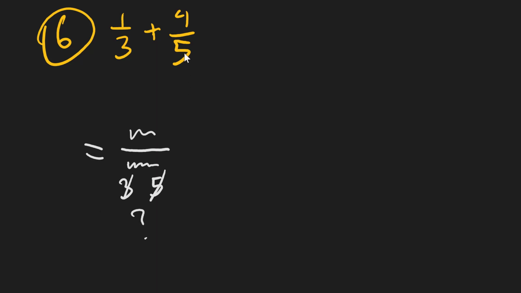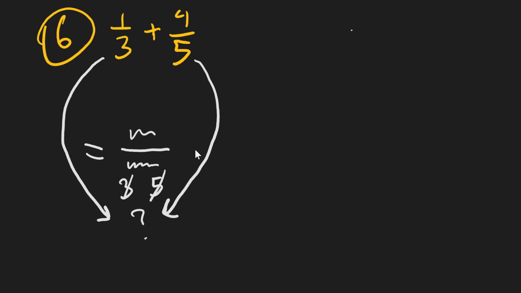And we're also going to need to be able to restate this 4/5 in terms of this number as well. Or in other words, we're going to need to be able to multiply 3 times something to get this denominator. And we're also going to need to be able to multiply 5 times something to get this number. And so in figuring out what this denominator should be, a shortcut is to just multiply 3 times 5.